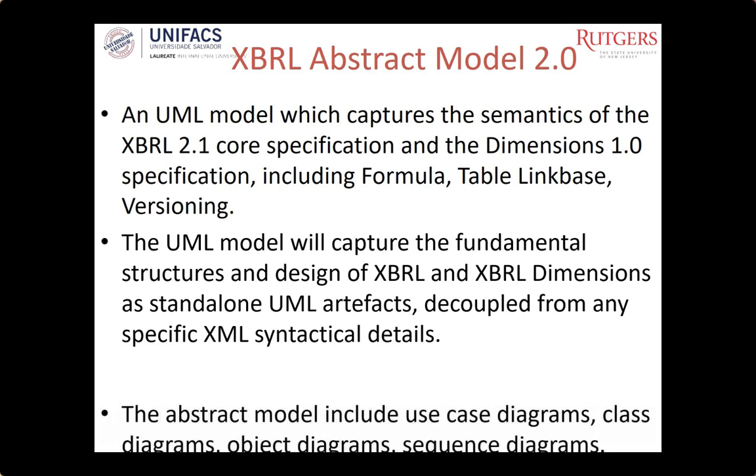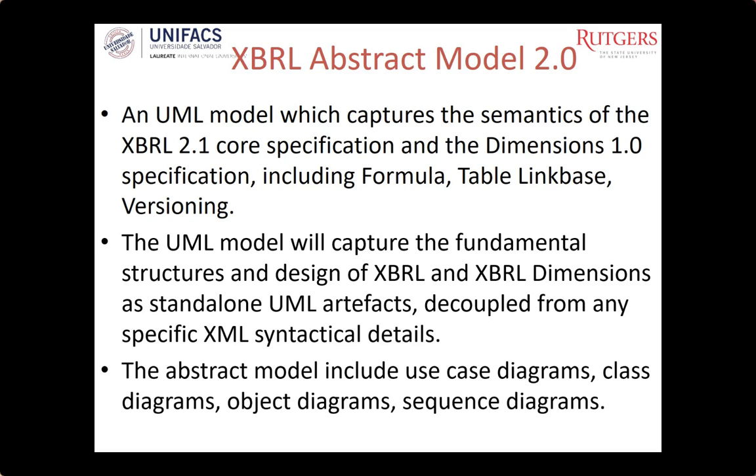This UML model captures the fundamental structure and design of XBRL and XBRL dimension as standalone UML artifacts, decoupled from any specific XML syntactic details. The abstract model includes use case diagrams, class diagrams, object diagrams, sequence diagrams.